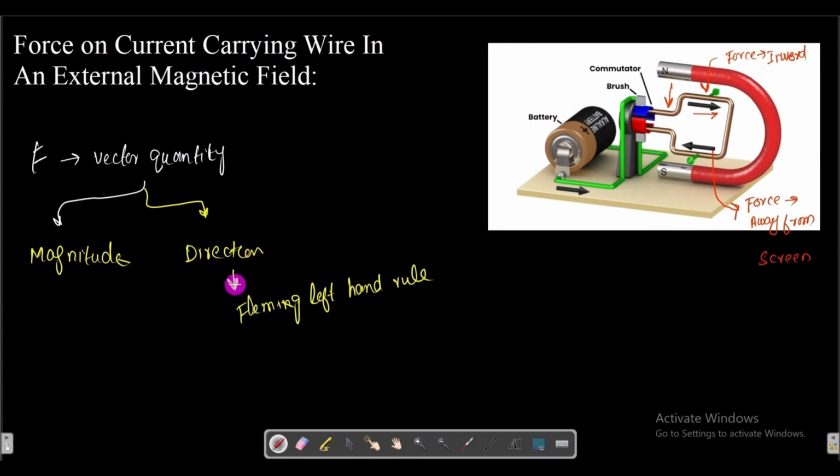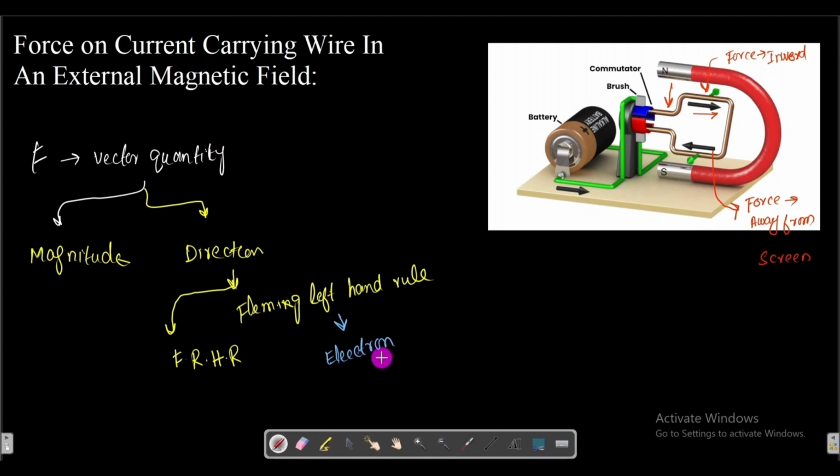Okay, and also it is given by the Fleming right hand rule. Fleming right hand rule and Fleming left hand rule. The Fleming left hand rule is used for the force on the conductor in which the current is electronic.